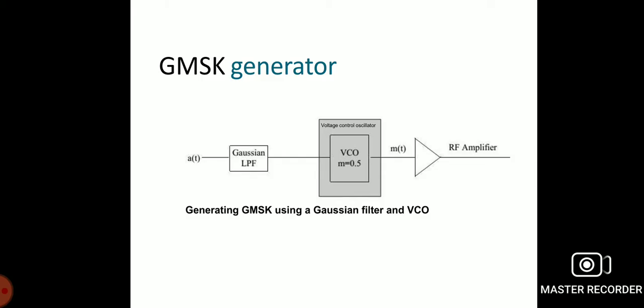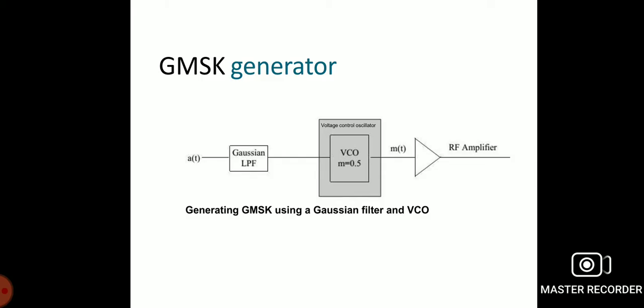In this technique, it consists of the Gaussian low pass filter, the FM transmitter with a voltage controlled oscillator, and also the RF amplifier. The non-return to zero data is applied at the input of the Gaussian low pass filter and then to the FM transmitter.